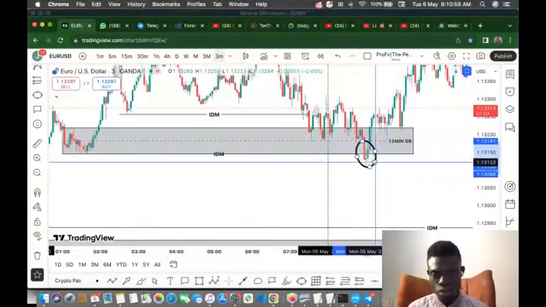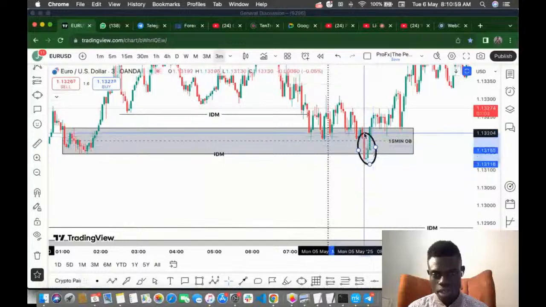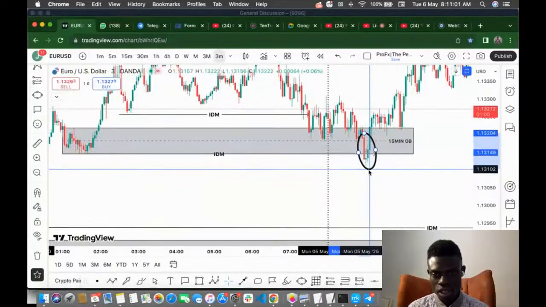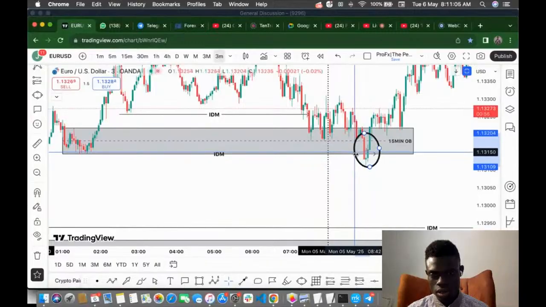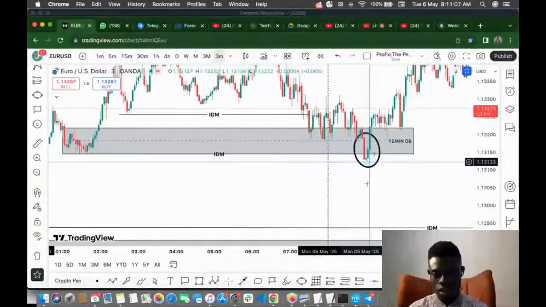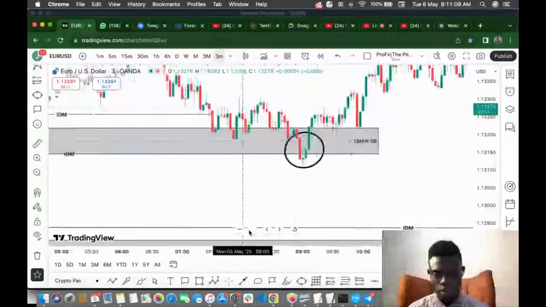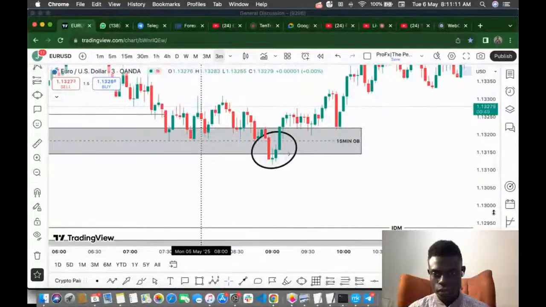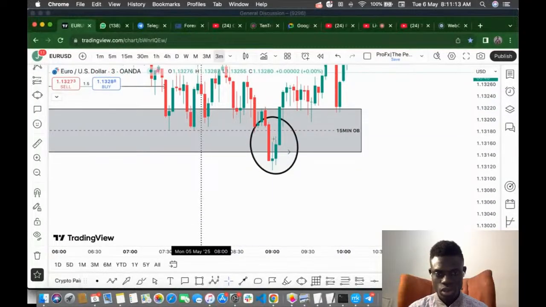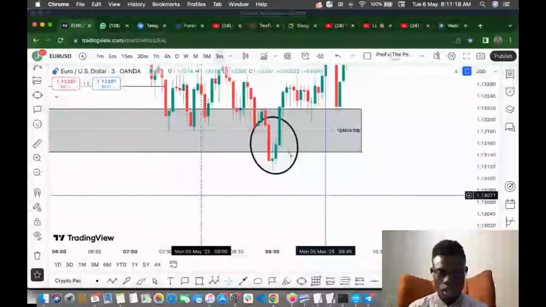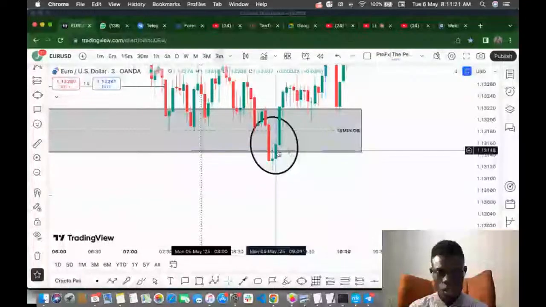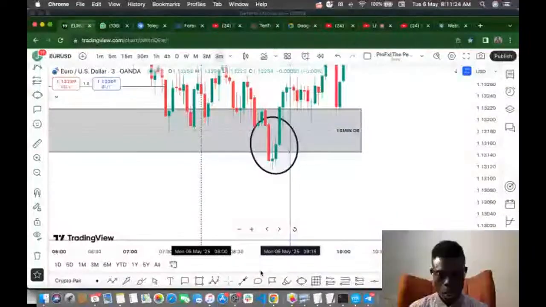This is a triple pattern, we call it morning star. Can you see? Drop base rally forming on a location. This guy, the entry is what? This short candle, or this particular one that broke out. Either this one or this one, the entry.